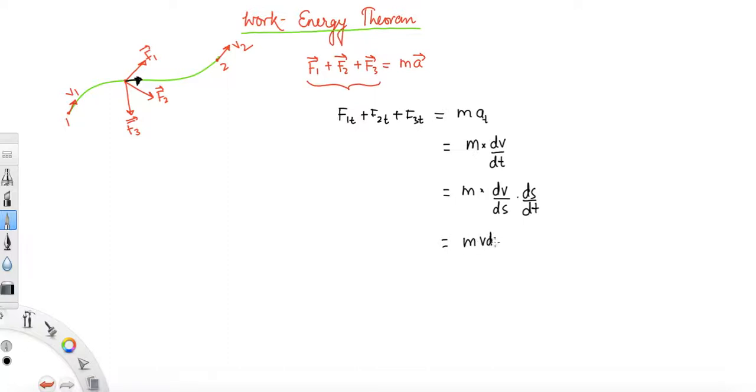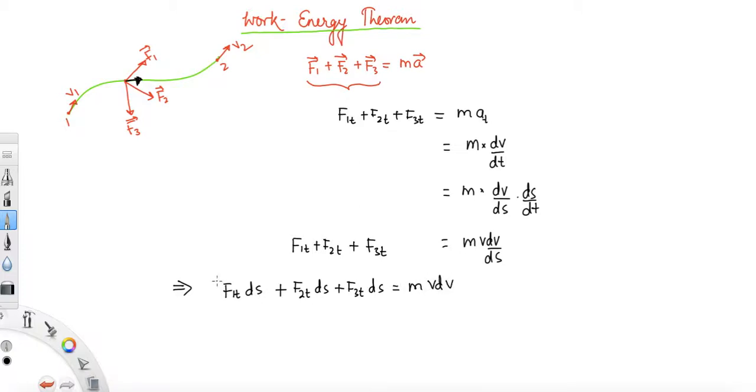So m v dv over ds is equal to F1t plus F2t plus F3t. Now when we multiply by ds on both sides, we get F1t ds plus F2t ds plus F3t ds is equal to m v dv.